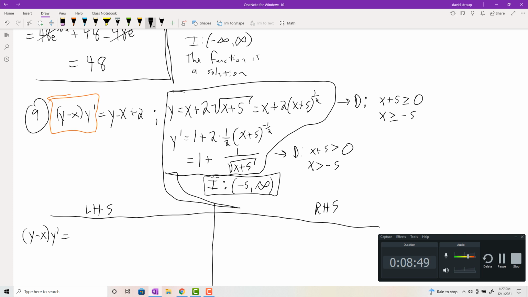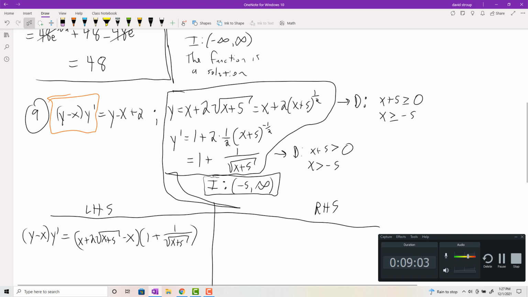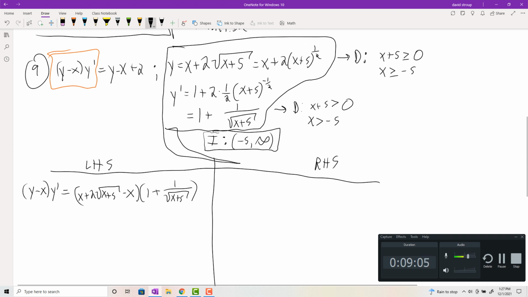I have y, which is x plus 2 times the square root of x plus 5, minus x times y prime, which is going to be 1 plus 1 all over the square root of x plus 5. I'm going to simplify that. It's not a bad idea to get the right-hand side and look under the hood and see what it is, so you can get them to match up.